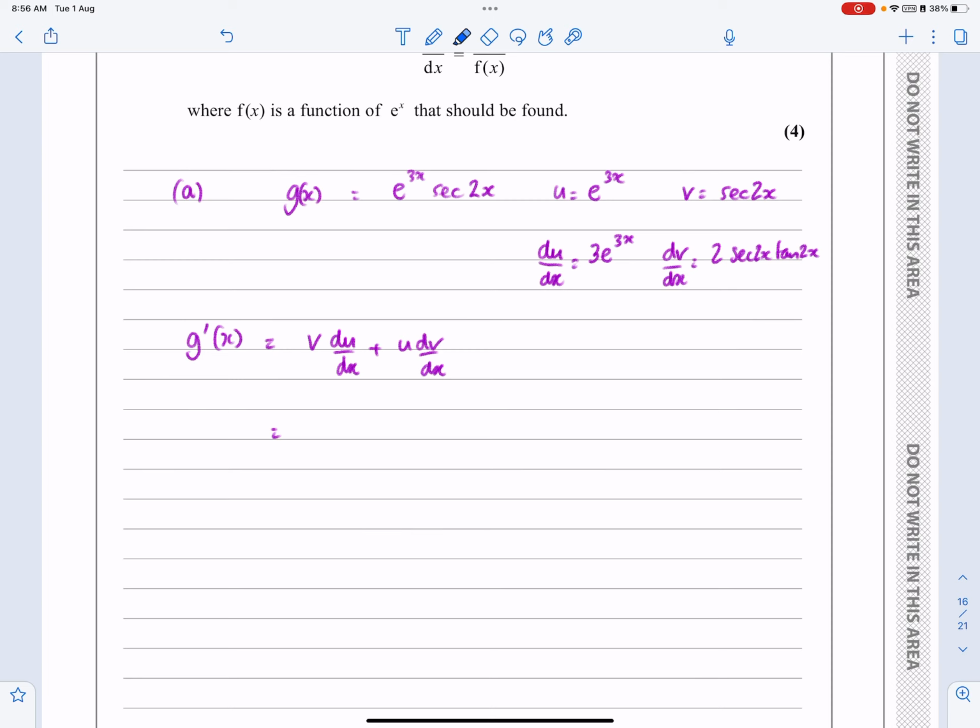So even though that is what I'm going to be doing, I'm going to write 3e to the 3x sec 2x. I just want to make it less likely for me to make any arithmetic or algebraic errors as I'm going through here. And then u dv by dx is that times that, and again I'm going to put the 2 and the e to the 3x first before I then say sec 2x tan 2x.